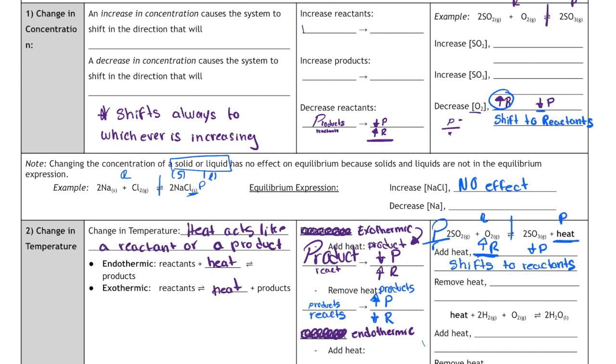So removing heat from the product. So products are small and reactants are normal. So it means that reactants need to decrease and products need to increase in order to go back to equilibrium. So remember, it always shifts to whichever is increasing. So this one is going to shift to products.